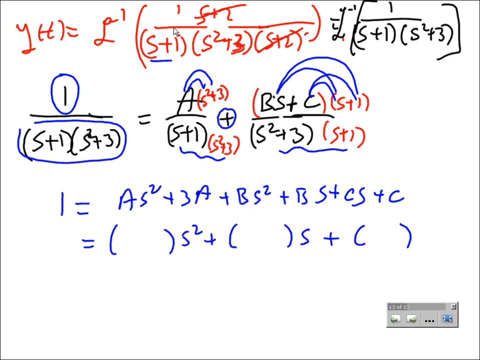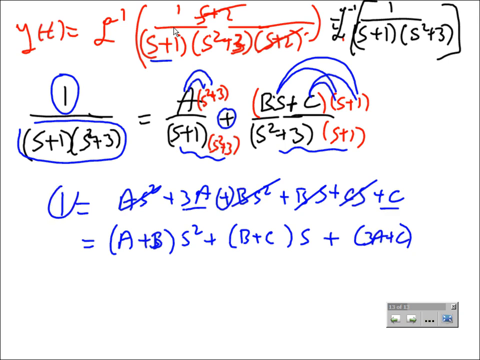The s squared, well, we have a of them, and I'm adding b more. So we have a plus b s squared. And for s's, we have b plus c of them. And for constants, we have 3a plus c. And this 1 is the same as 0s squared plus 0s plus 1.